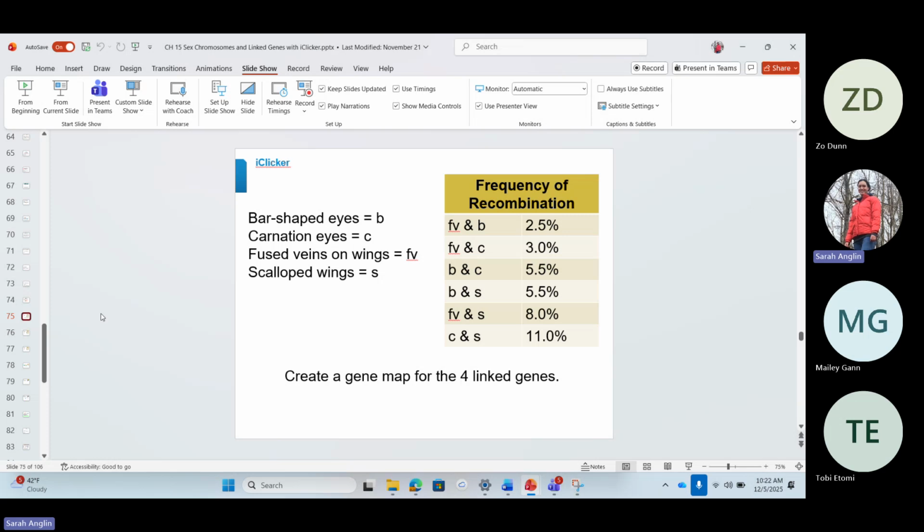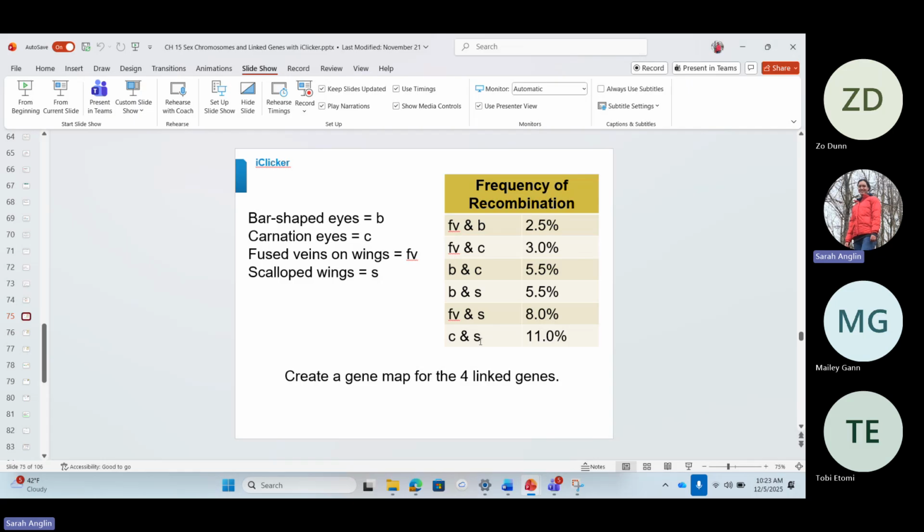So because of that, we can create a map that tells us where all the genes are. In making these maps, remember, we typically find the two genes that would be located furthest apart from each other. Since 11 is the largest number out of all of these, that would mean C and S, so I would put them on opposite ends of my chromosome.